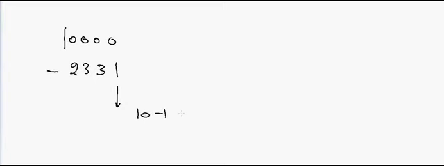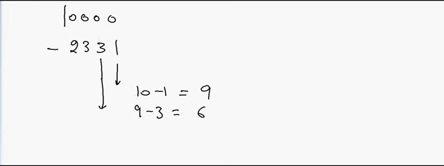The same thing can be done for larger numbers. Suppose I have 10000 and want to subtract 2331 from it. In that case, first I take the 2, so 10 minus 2 is equal to 8, and I take the 3. So 9 minus 3 is equal to 6.